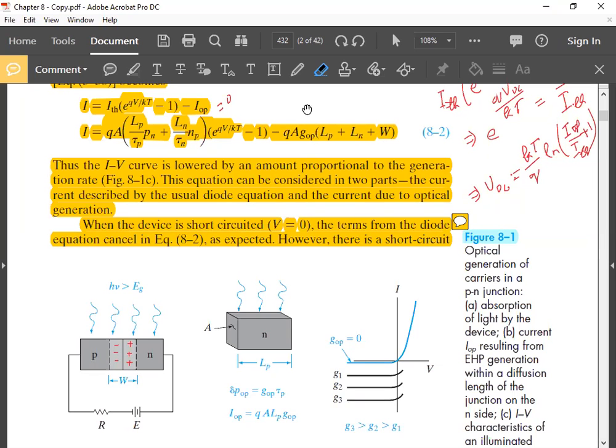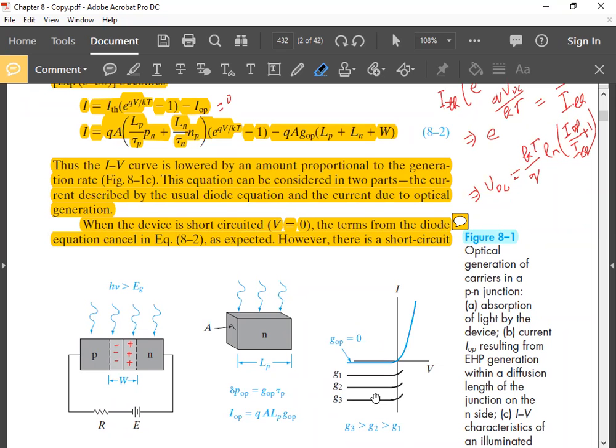If you increase GOP, the downward shift of the curve will increase. Here G1 is less than G2, G2 is less than G3. So if you increase the optical generation rate, the curve will shift down more and more. Understood? Yes, sir.